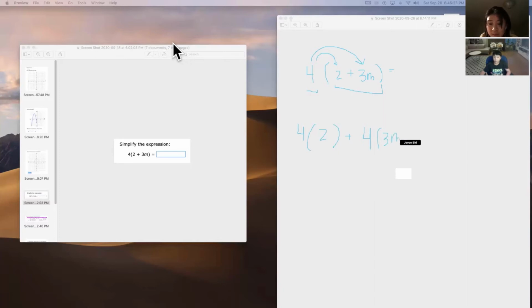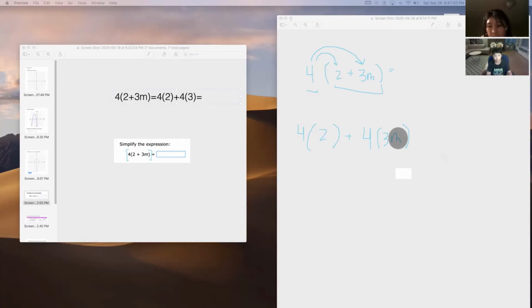You can separate the terms inside of a parentheses if they're connected by an addition or a subtraction sign. And you could rewrite it like this. So if you were to simplify, it would just be 8 plus 12m.